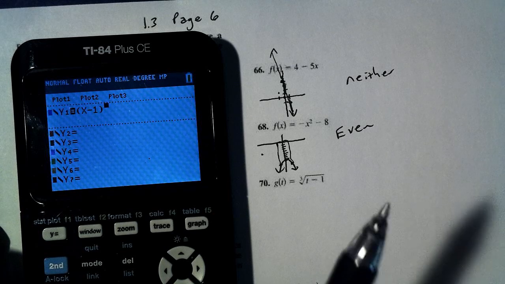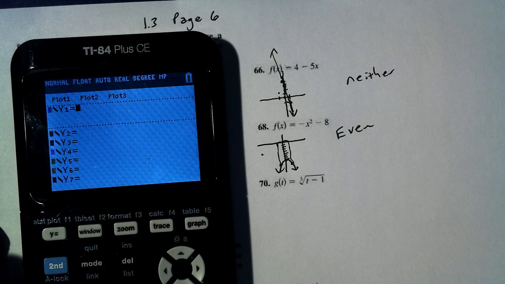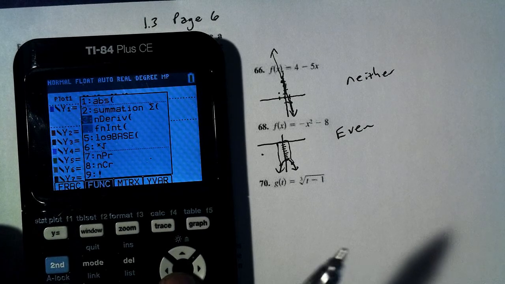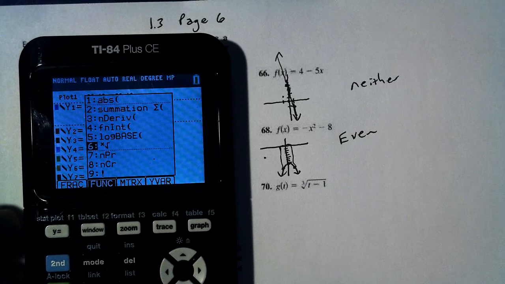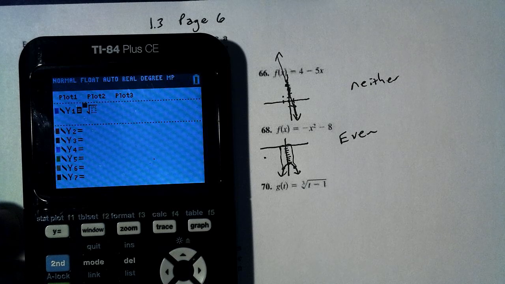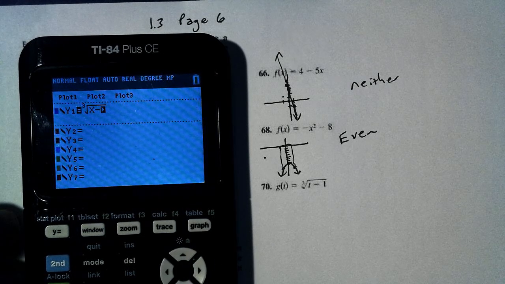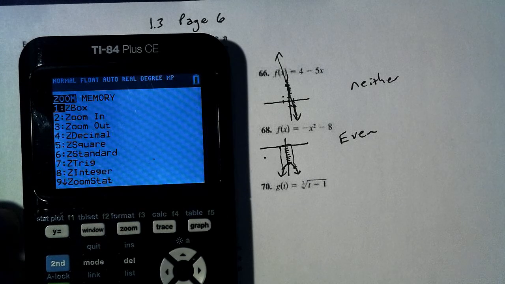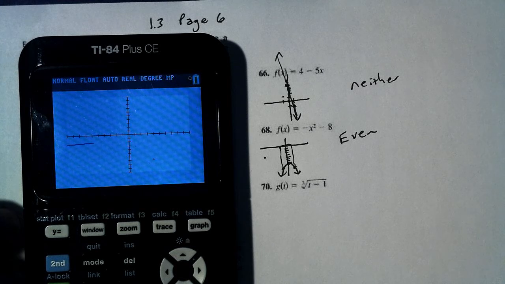However, you can go alpha window. There's our root picker right here, and you can go third root of x minus 1. You probably would prefer that. So I'm going to go back to Zoom 6, Zoom Standard. Let's take a look.